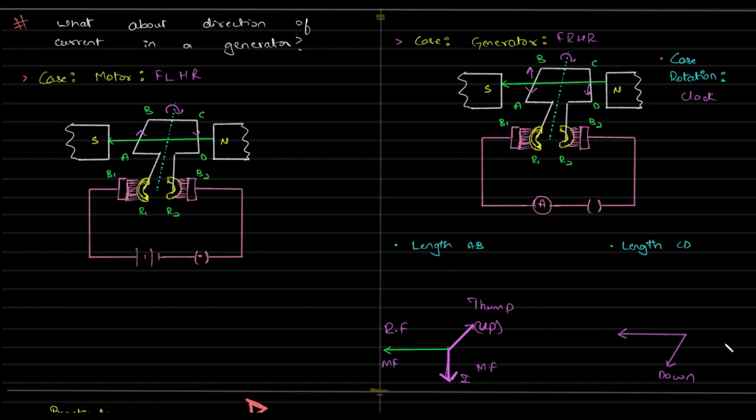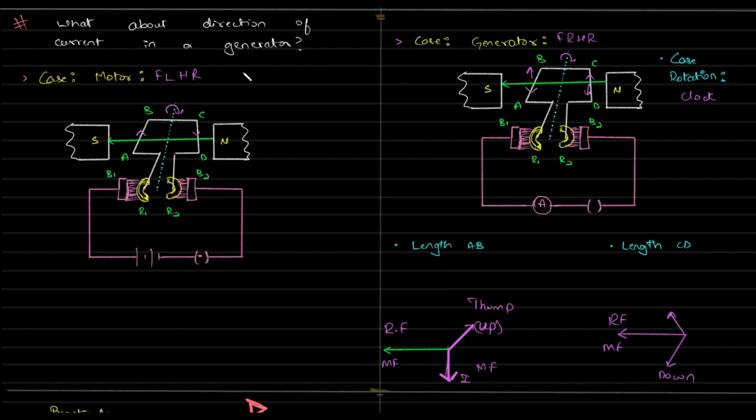So the thumb is pointing down and your index finger indicates the magnetic field from right to left. Again, remember this is 3-dimensional, so the current is moving away from us. Make sense?